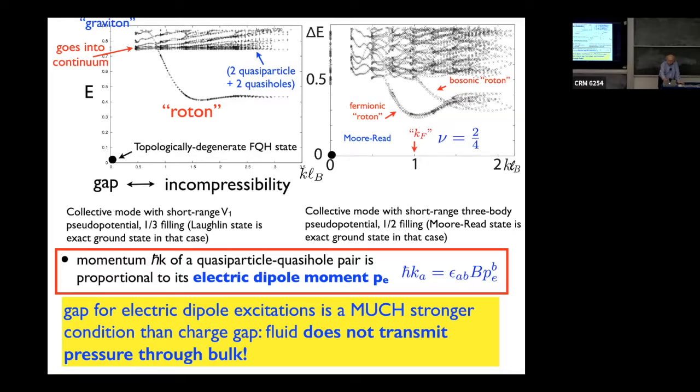If I were to play with the interaction in this model and it went to the composite Fermi liquid state, this point here, the minimum of the fermionic spectrum, is basically at what you'd call k_F, the radius of the Fermi surface for the composite fermion liquid. So that would come down and go soft, and you would go into the composite Fermi liquid. So essentially, this brings up the analogy with BCS in the composite Fermi picture.